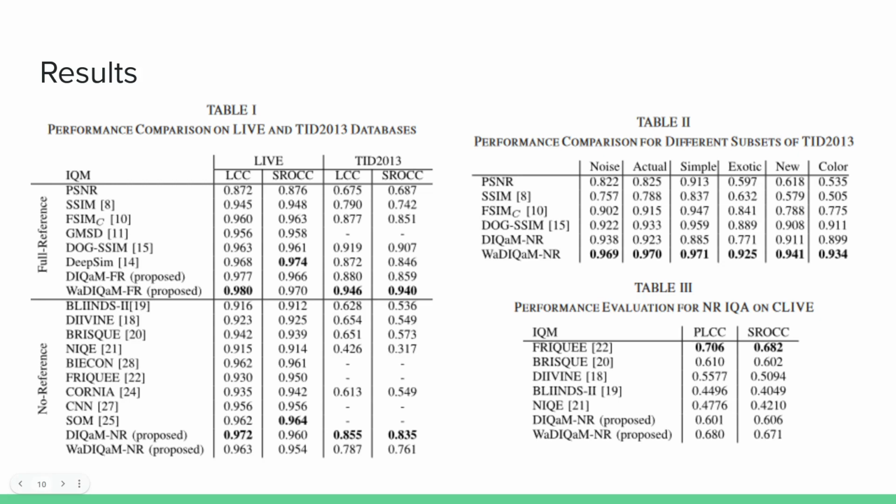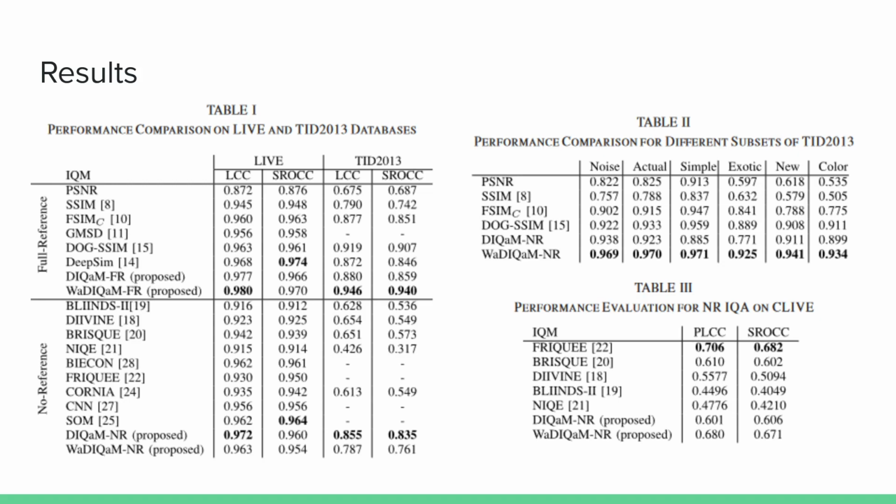Going on to the results of this project, on the left are the models that the authors created and evaluated. For full reference are the Deep Image Quality Measure for FRIQA, which in this table is DIQAM-FR, and the weighted average deep image quality measure for FRIQA, which are in the full reference section of table 1, the bottom 2 models.